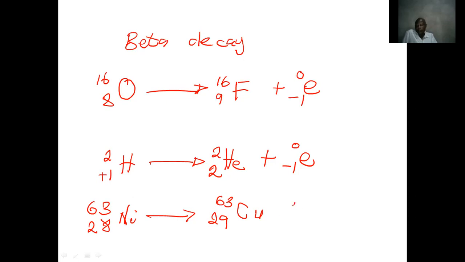And so what we're going to have is this plus the electron. So I thought today we can look at how we can balance nuclear equations where there is a beta decay as well as the alpha decay. Thank you.